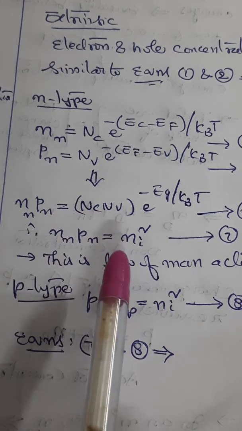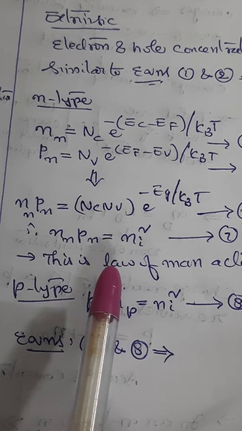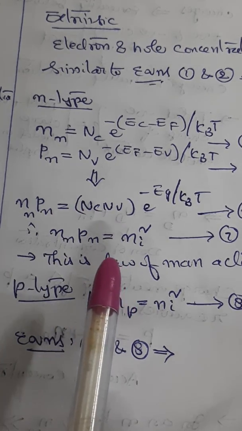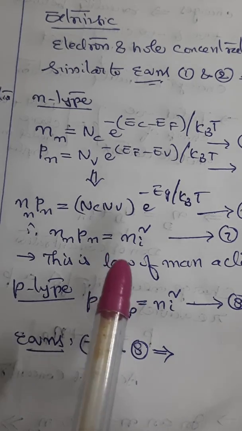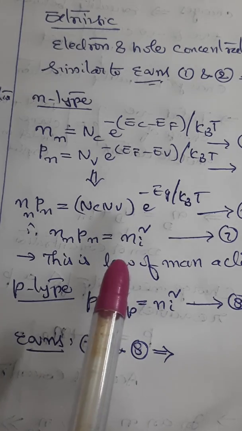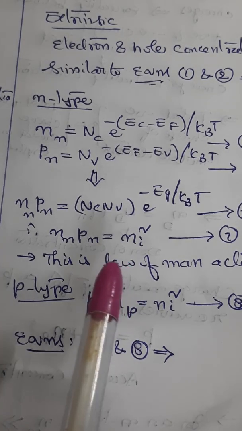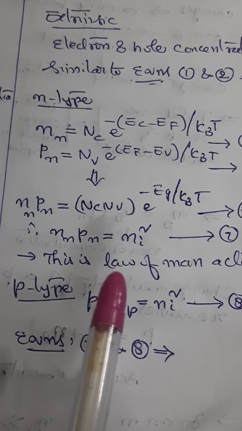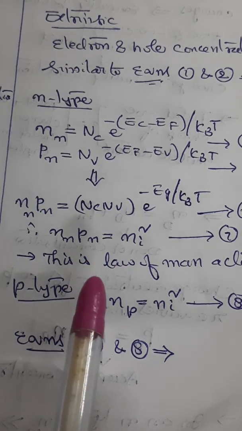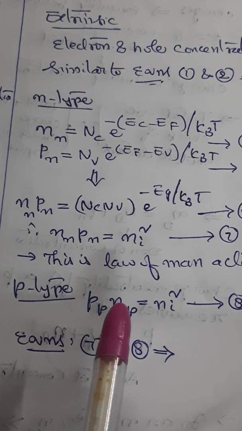Therefore, this law suggests that addition of impurities to an intrinsic semiconductor increases the concentration of one type of carrier, which consequently becomes the majority carrier, and simultaneously decreases the concentration of the other carrier, which as a result becomes the minority carrier.